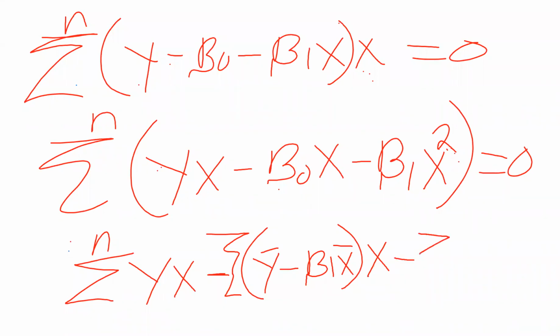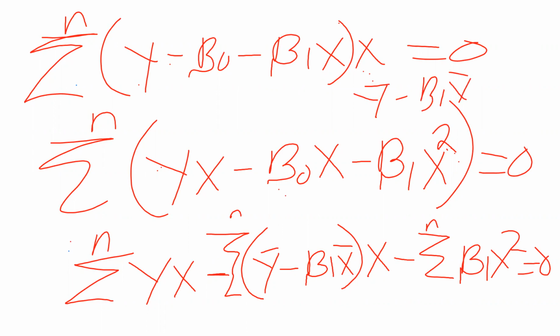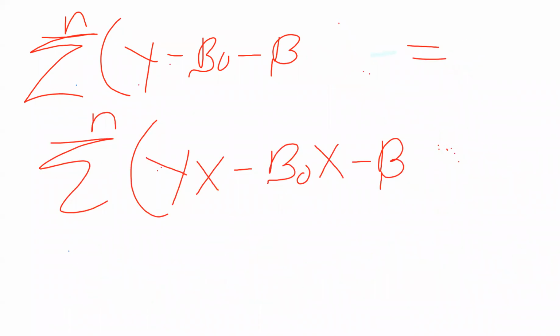Minus the summation over n of beta 1 x squared, all that equal to 0. Are you agreeing with me? We just replaced beta naught with the value of beta naught. You remember what we said previously? We said beta naught is equal to y bar minus beta 1 x bar, right? Yes, that's what we have done. We are doing right.